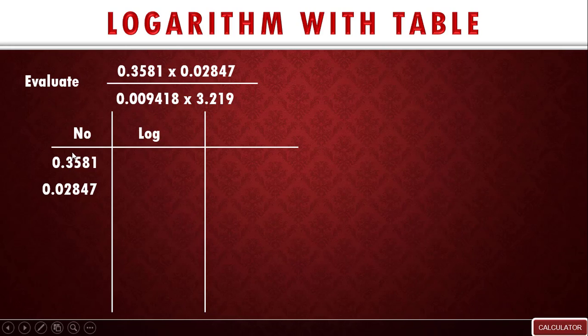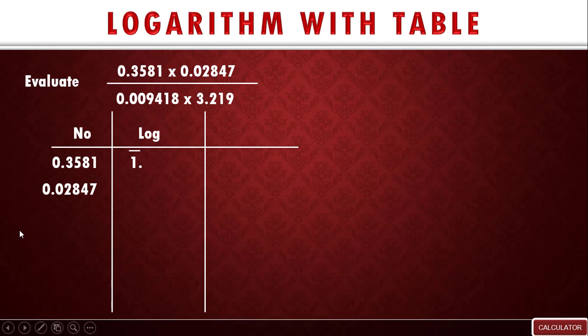The reference position is around here, the first non-zero digit, so our reference position is between 3 and 5. If we count the number of decimal places from this decimal point to that reference position, it's only 1. So our characteristic will be bar 1.